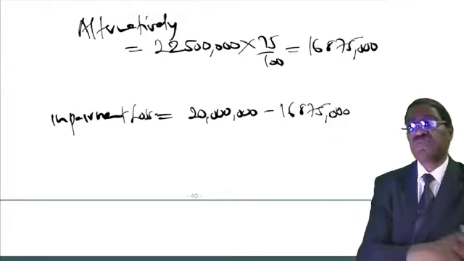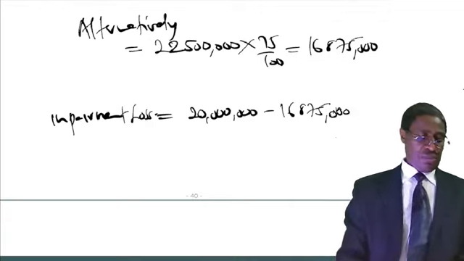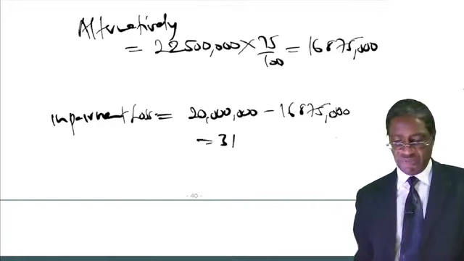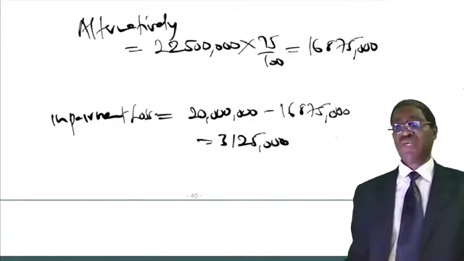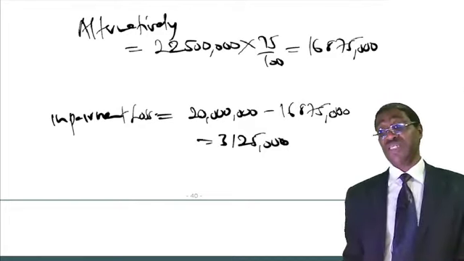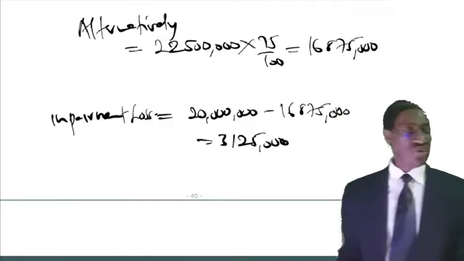What do we get? It looks like 3,125,000. That therefore brings me to the end of that question.